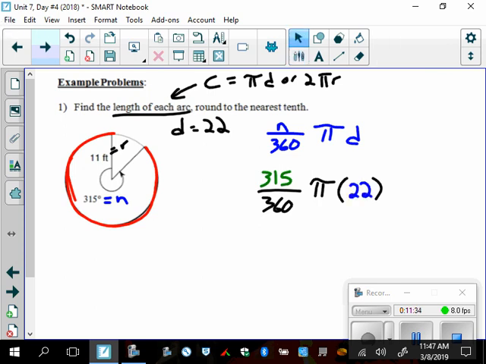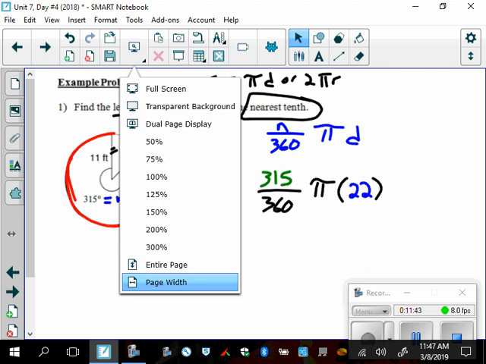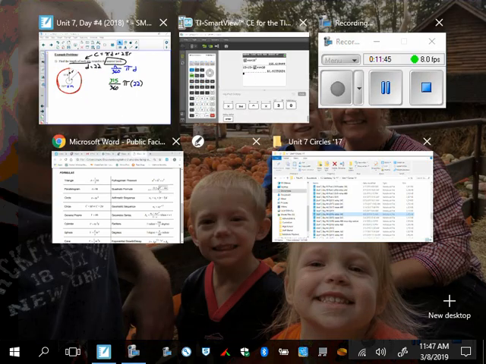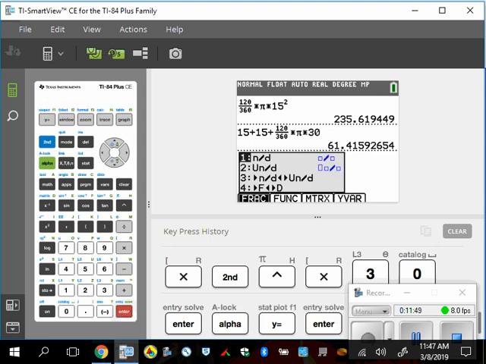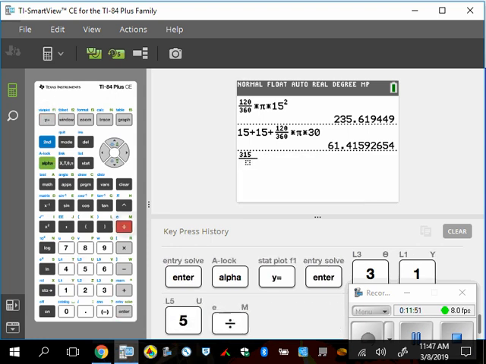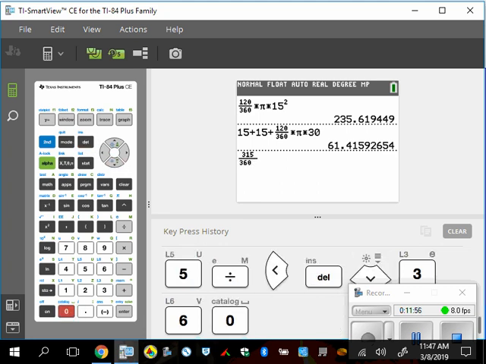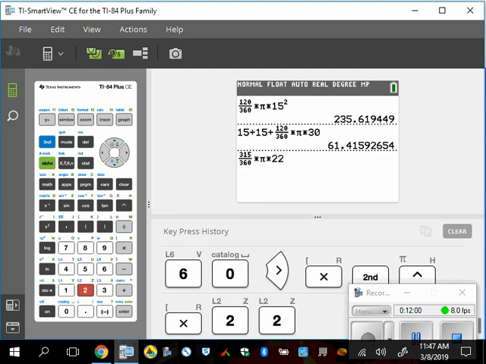Okay, this one says to the nearest tenth, so I will multiply in my calculator. Alpha y equals enter, 315 out of 360 times pi times 22.